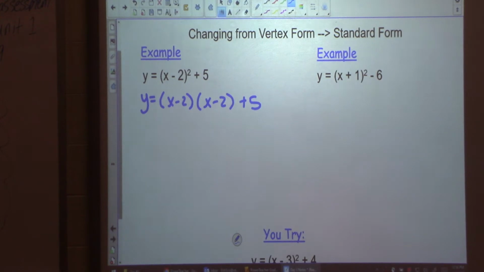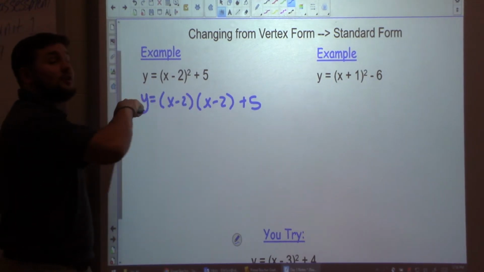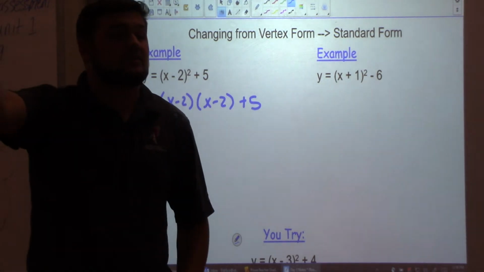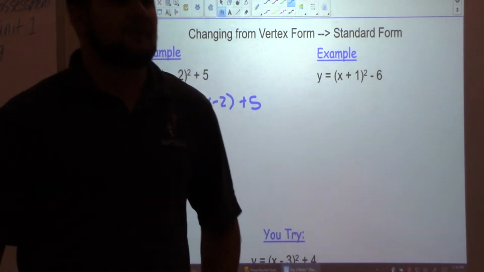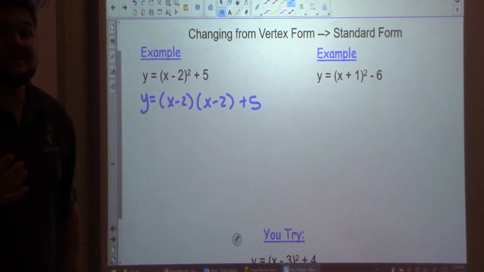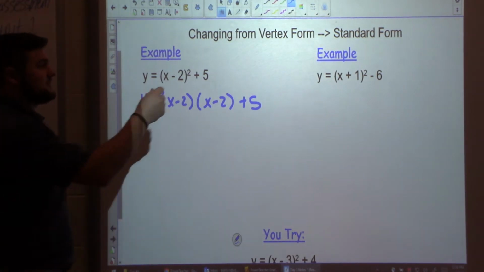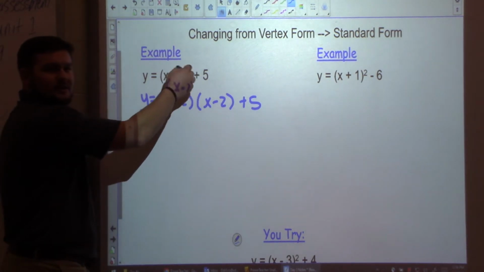The square. So because of the squared we did that, yes, but what are we going to do now that we've done that? Why do you think I would want them next to each other? The FOIL, right? My first favorite F word. So the idea here when we're going from vertex to standard is we're going to FOIL and then combine our like terms. Is it the same to FOIL as it is to just distribute the squared in here?